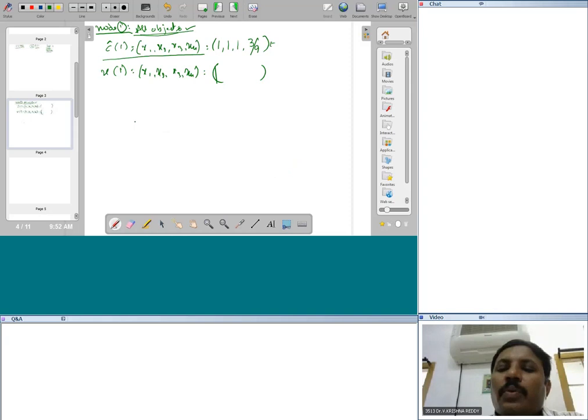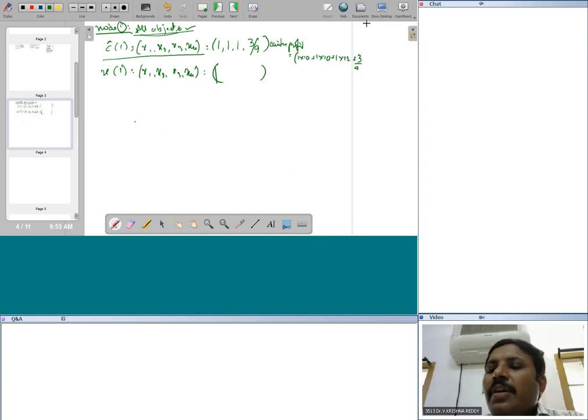Then what is the profit? If this is the calculation, the profit is 1 into 10, and the second object is also fully selected, 1 into 10, third object fully selected, 1 into 12, next object is 3 by 9 into 18.